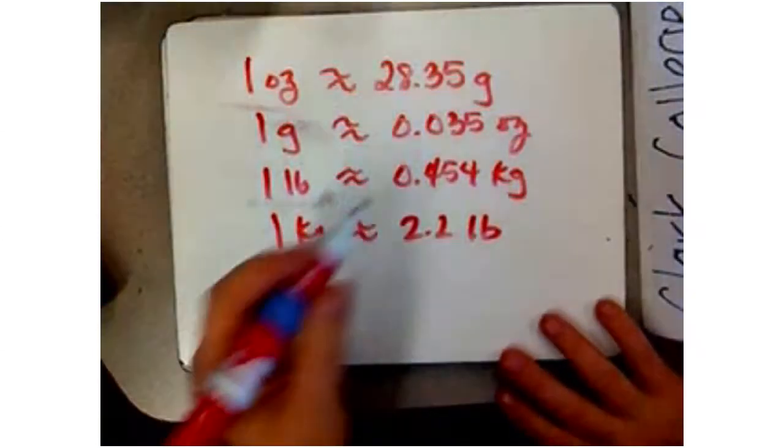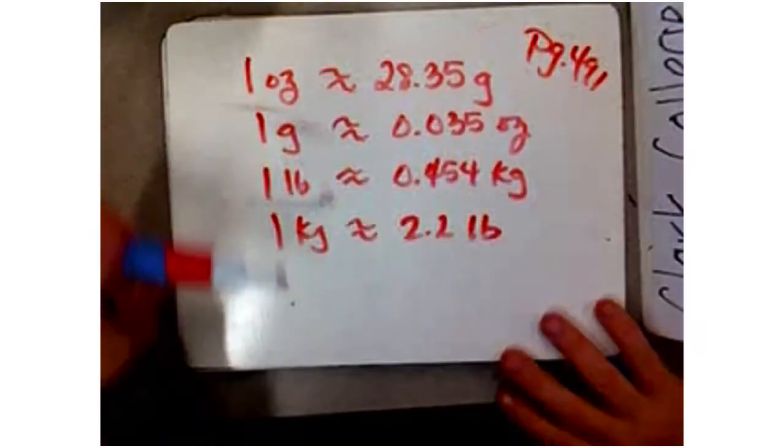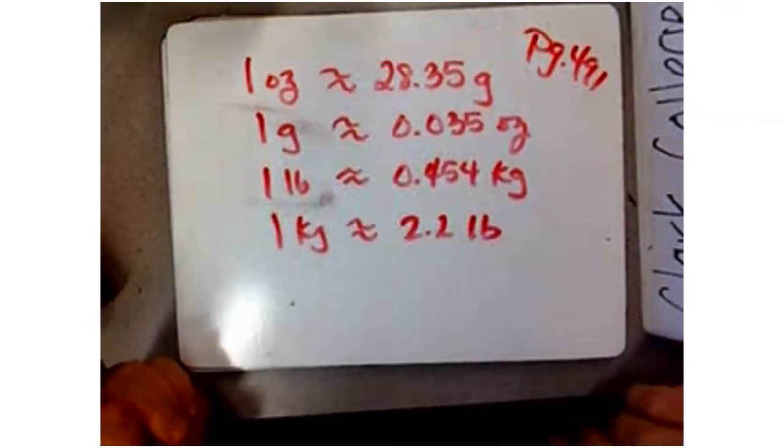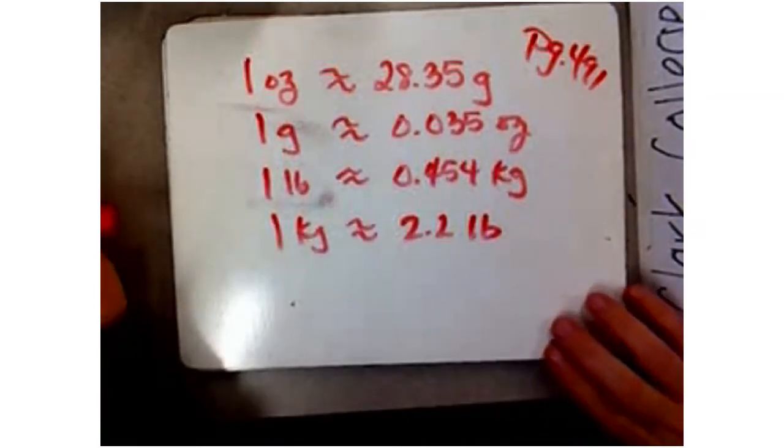So these are on the bottom of page 491. You might want to make some notes of these so you can have them easily available. And we would use these conversions to convert our mass units.